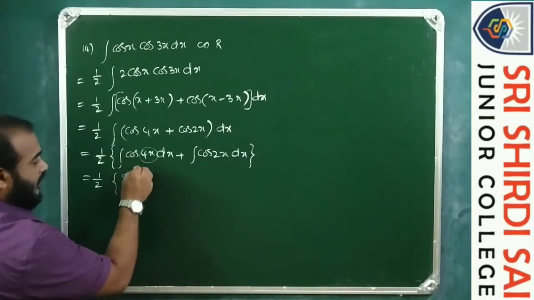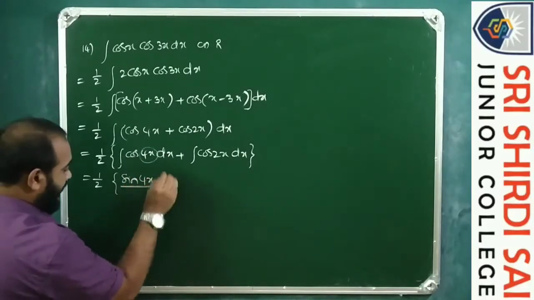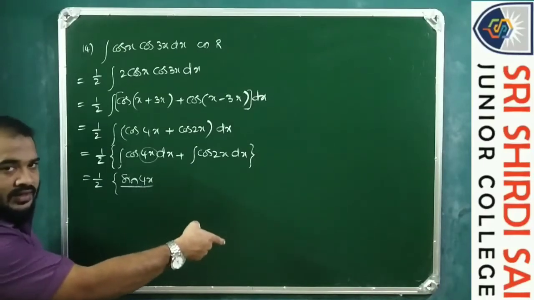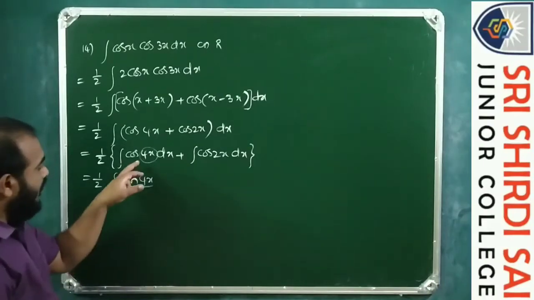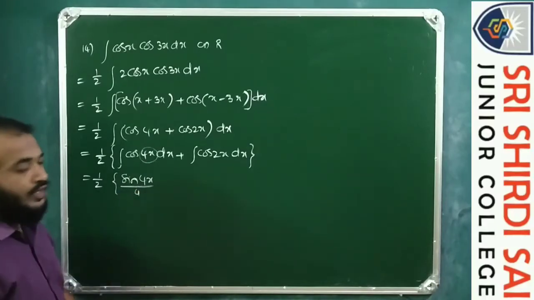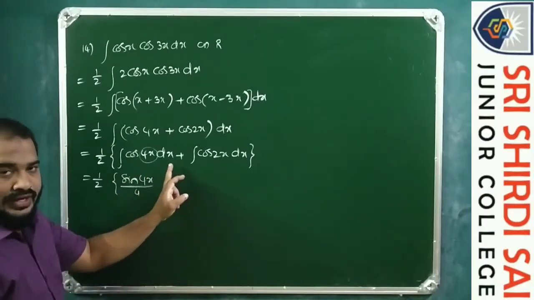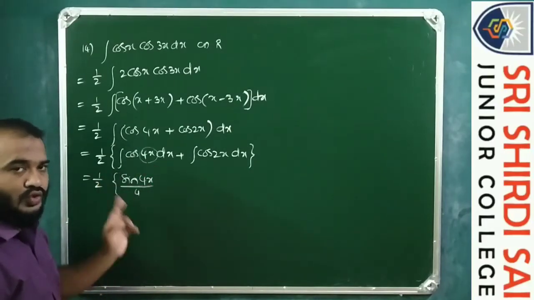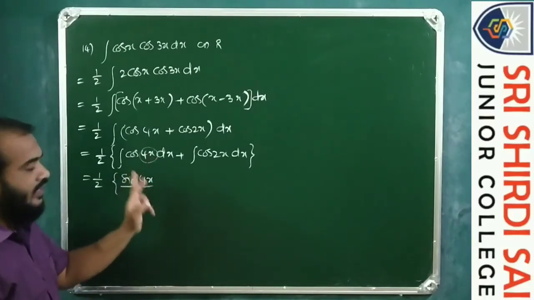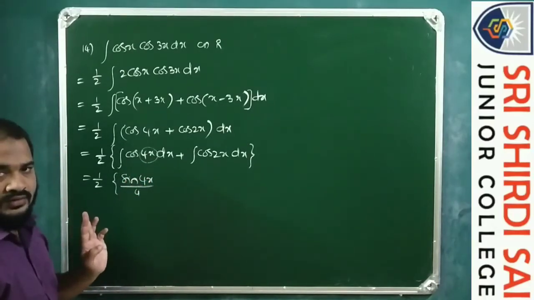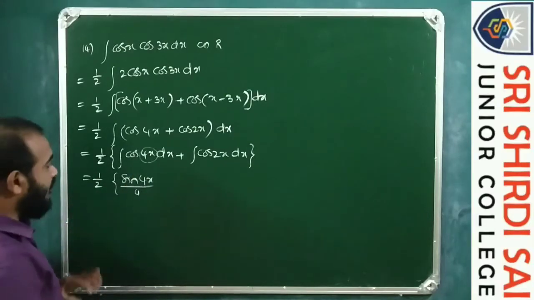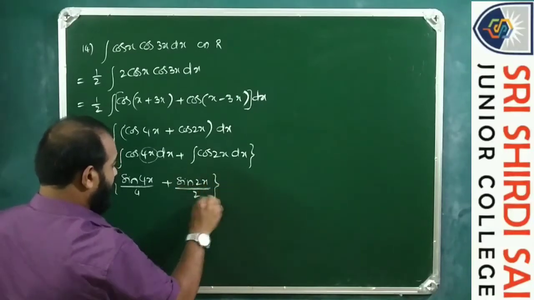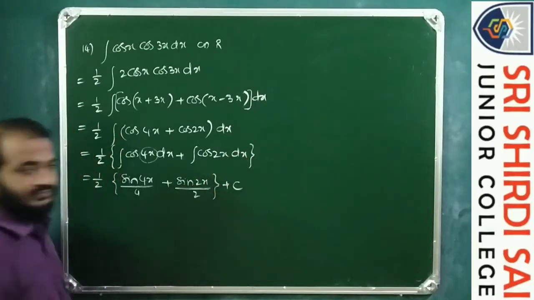So sin 4x has to be divided by d by dx of 4x, which is 4, because multiplication and division are opposite processes, and therefore differentiation and integration are also opposite processes. Plus this is sin 2x by 2, plus constant of integration c.